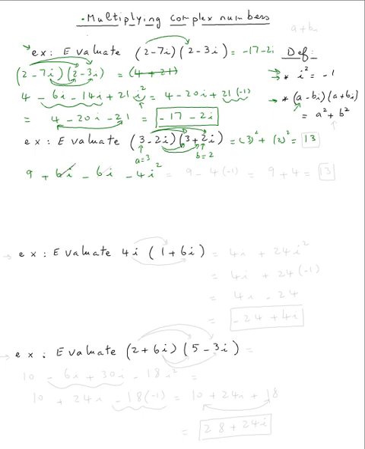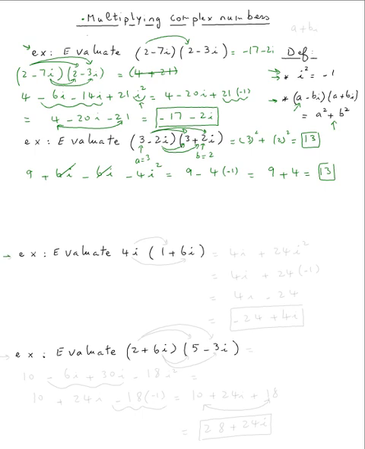Now 6i minus 6i cancel. So 9 minus 4, i squared is -1, which is equal to 9 minus 4 times -1 is plus 4, which is 13. So we got the same answer. So if you want to do it the shortcut, memorize this formula.